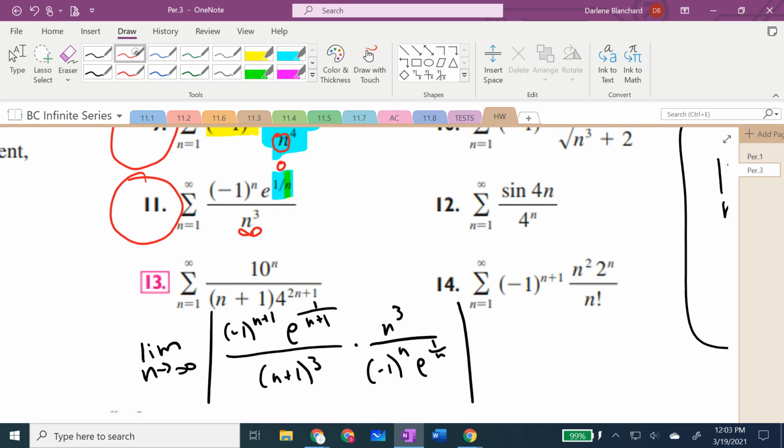Now, I can say, hey, these guys are just -1. I'm absolute valuing, so they're going to be gone. I can look at this duo and see that that's heading to 1.